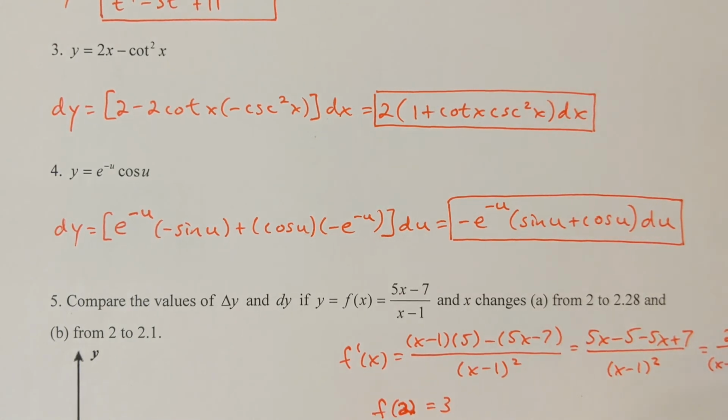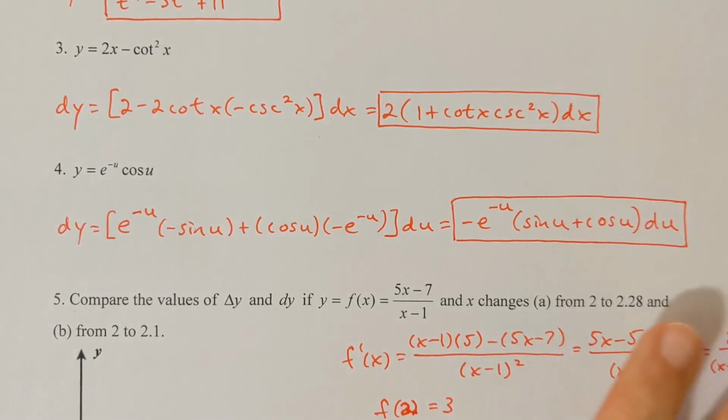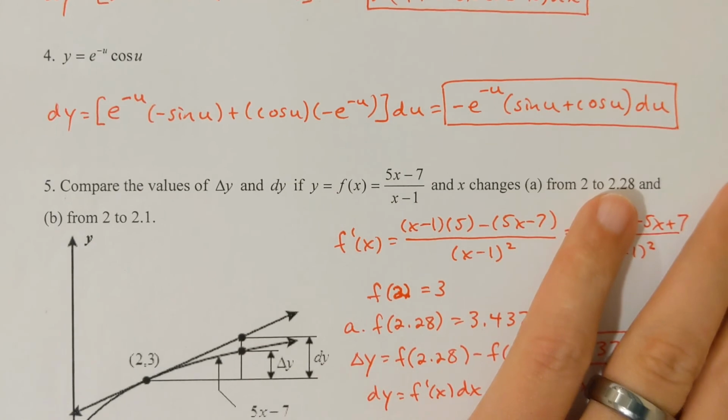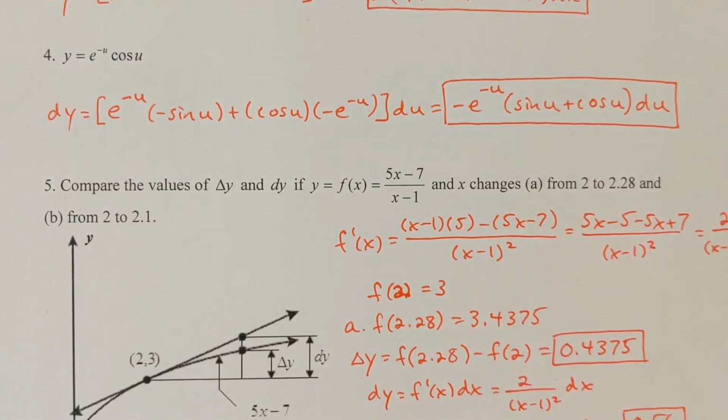Okay. Problem 4. y equals e to the negative u times cosine u. Let's find the differential dy. This would be a product rule to begin. The first is e to the negative u times the derivative of the second. The derivative of cosine u is negative sine u, and then plus the second, cosine u, times the derivative of the first.